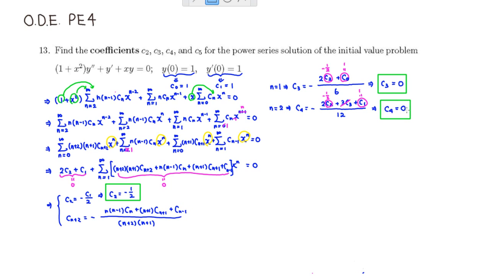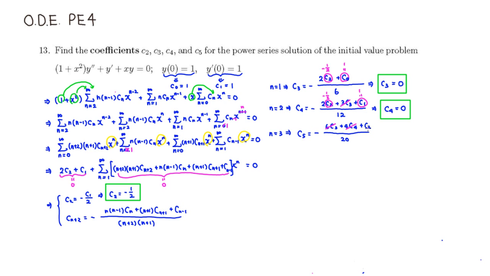The last one, C5. We set n equals 3. Then we can find C5, which is equal to negative: 3 times 2, so 6 C3, and then 3 plus 1, so plus 4 C4, plus C2, then over 5 times 4, so 20. But C3 is 0, and C4 is also 0.